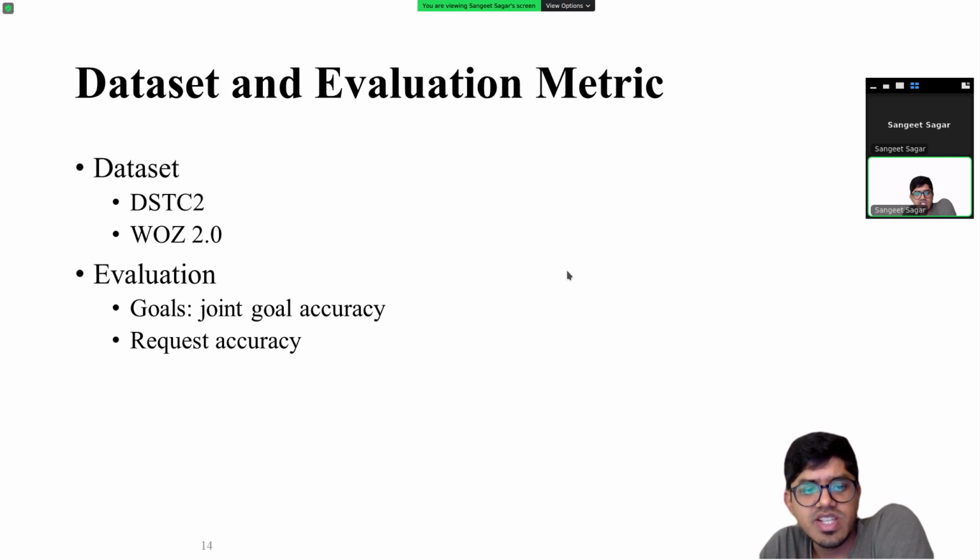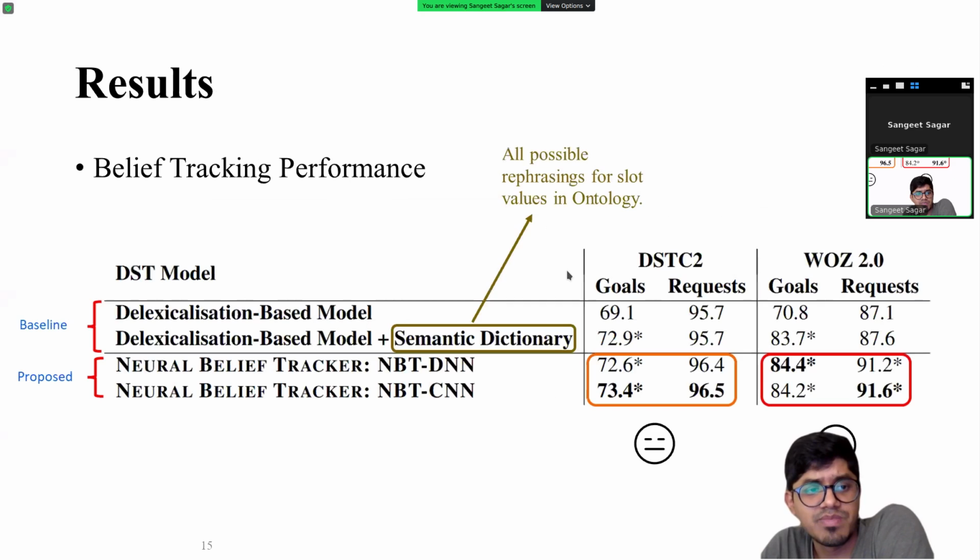Now we'll see the results. So we have baseline models and proposed models. We have two baseline models: one is a delexicalization-based model, and the other is a combination of delexicalization along with the semantic dictionary. So what's a semantic dictionary?